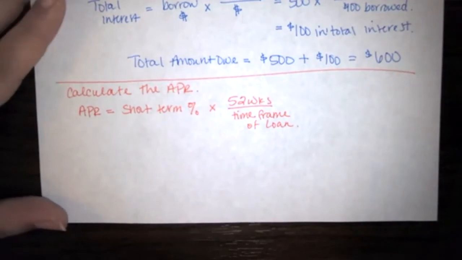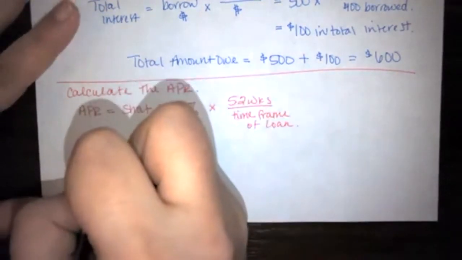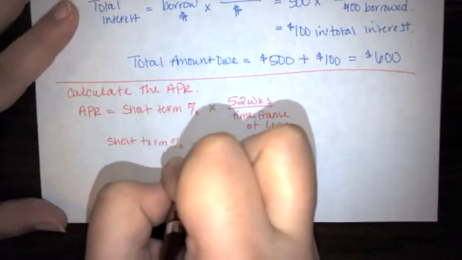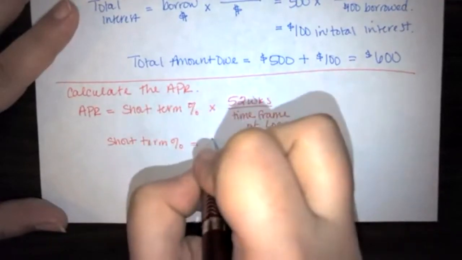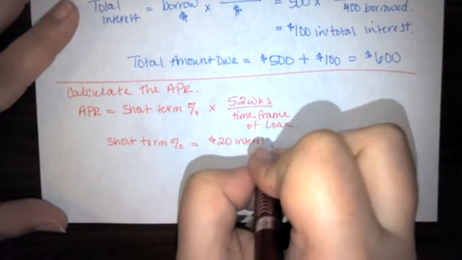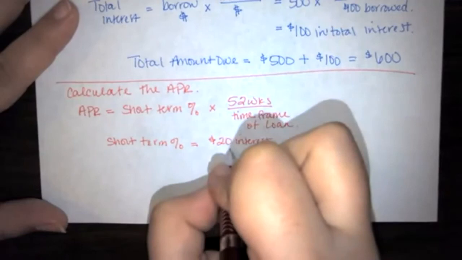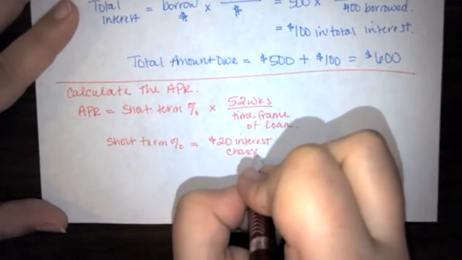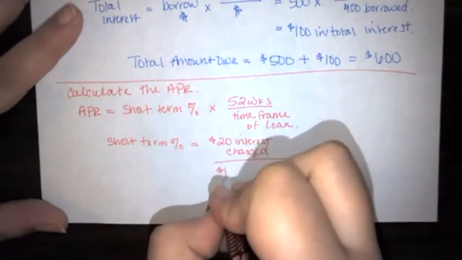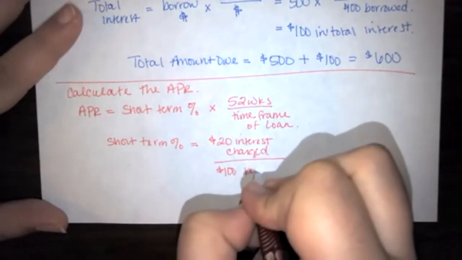So how do we figure out my short-term percentage? Well, the short-term percent is going to be your $20 interest charged per the amount borrowed.